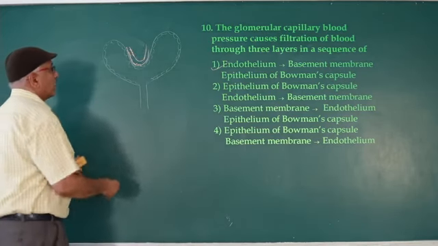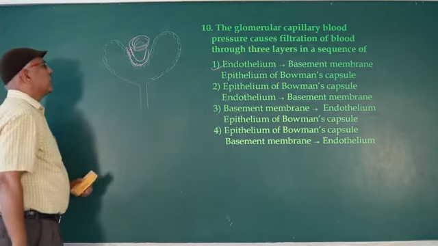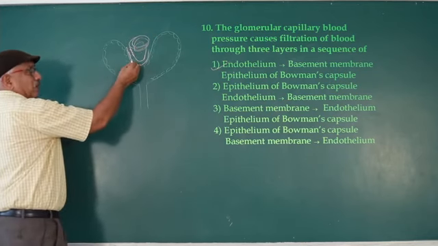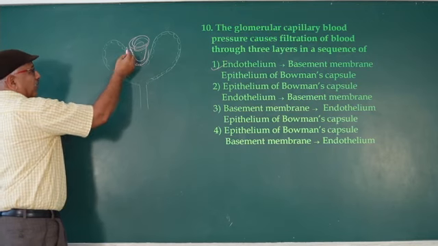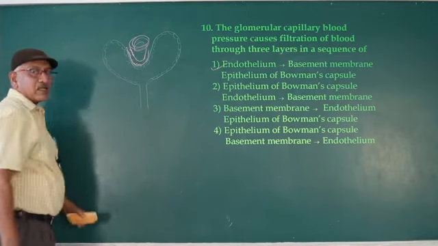Three layers. It is the glomerulus. Glomerulus means bunch of blood capillary. The inner surface of blood capillary is lined by endothelium, the squamous epithelial cells of blood vessels.